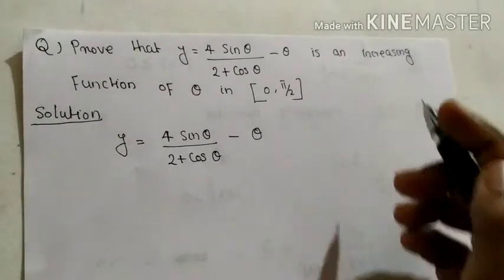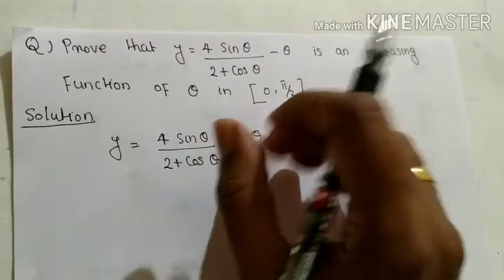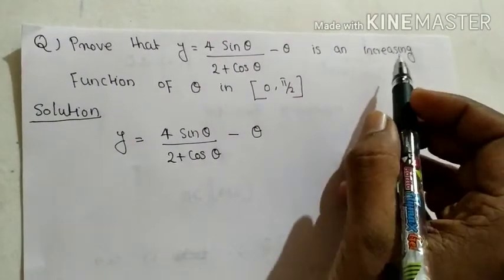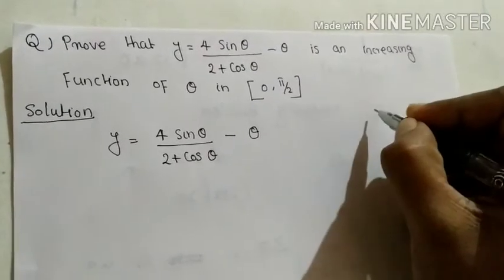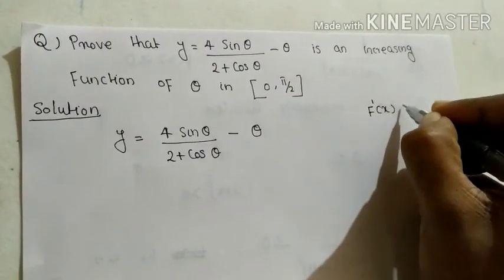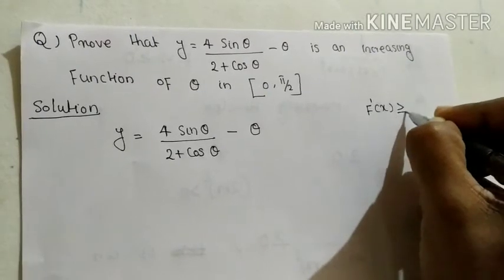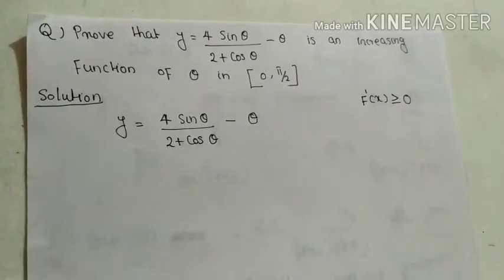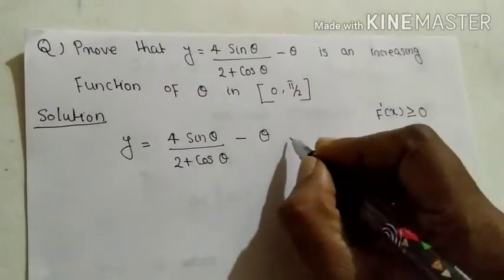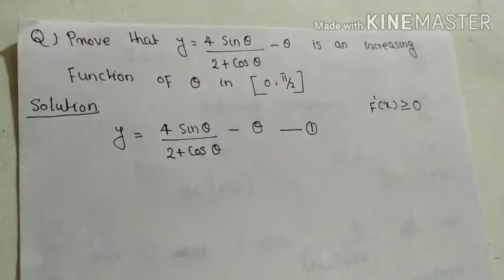In this question, we need to show that the given function is an increasing function. We know that a function is said to be increasing if f dash of x is greater than or equal to 0. Let us name it equation number 1.